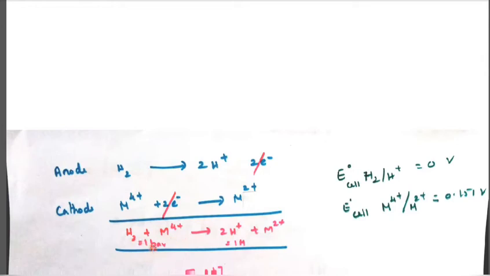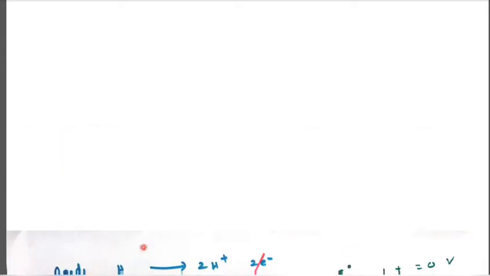Here the hydrogen pressure is 1 bar, and bar is a unit of pressure, and H plus is 1 M. These two values are given in the question.